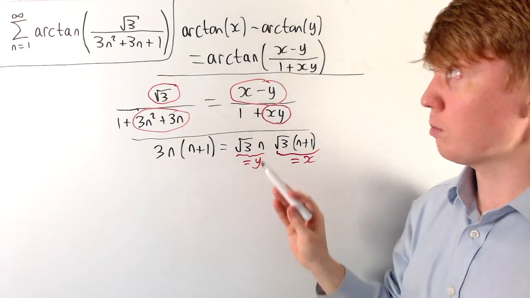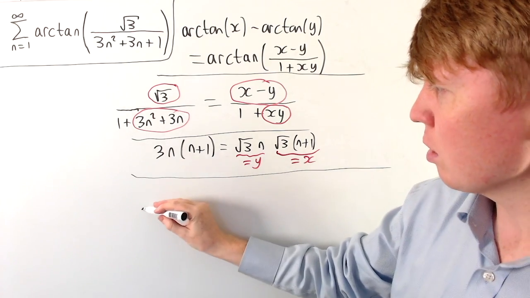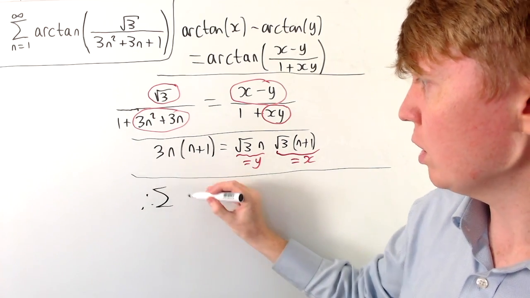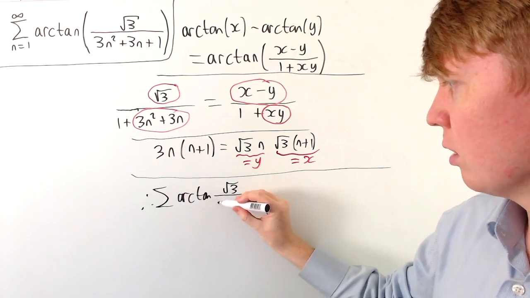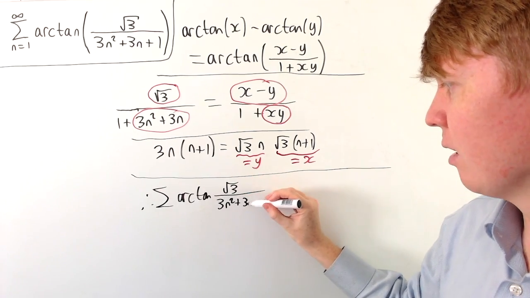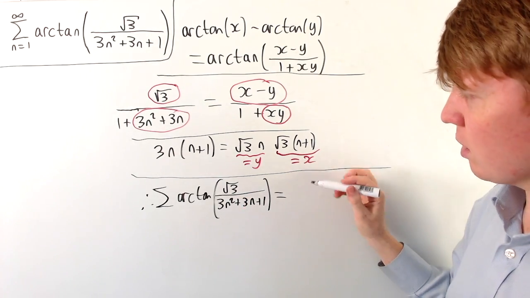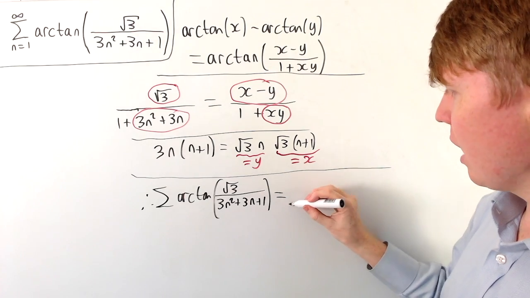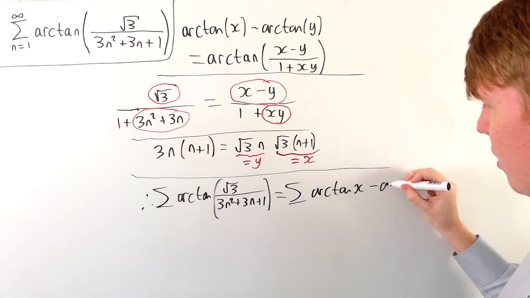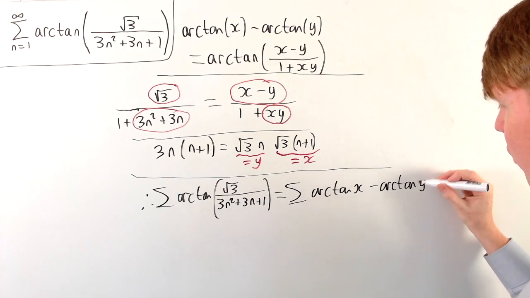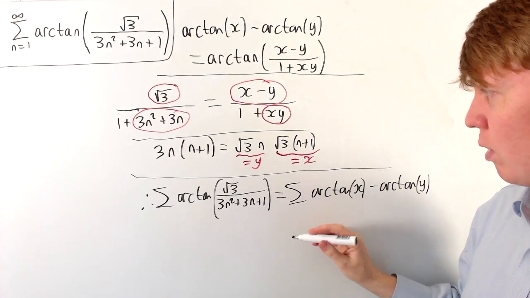We can split this up then into arctan of x minus arctan of y. So the upshot here is that our original sum of arctan of root 3 over 3n squared plus 3n plus 1 can now be split up, using x and y, as the sum of arctan x minus arctan y.